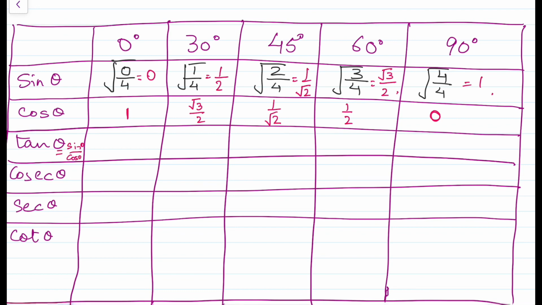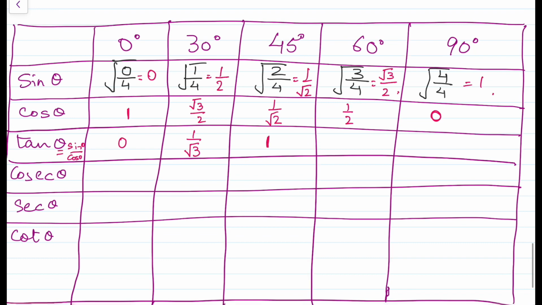So we are just going to divide it. 0 over 1 is 0. Half over root 3 over 2 is going to be 1 over root 3. Same numbers, 1 over root 2 over 1 over root 2, will give you 1. Root 3 over 2 over half is going to give you root 3. And 1 over 0, you cannot divide anything by 0, so that is not defined.